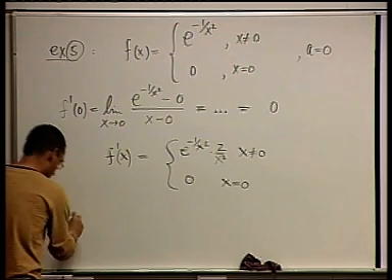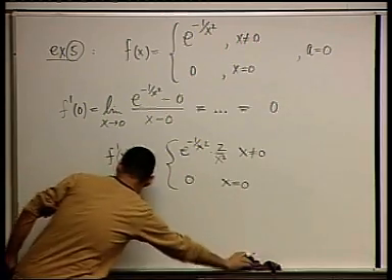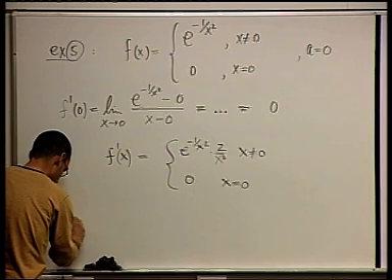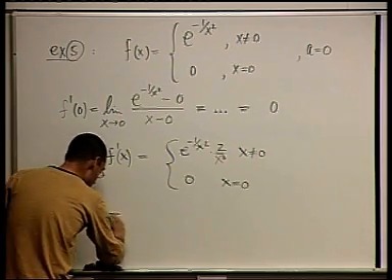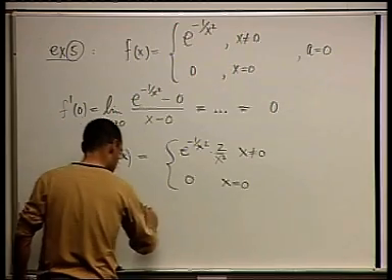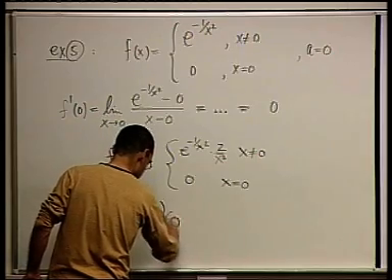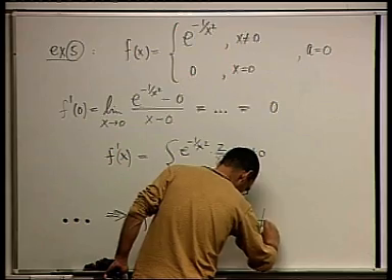And eventually, there's a big dot, dot, dot here, because there's a lot of calculations missing. Okay? What you get eventually is the following fact: the nth derivative of this function at 0 is 0 for any n.